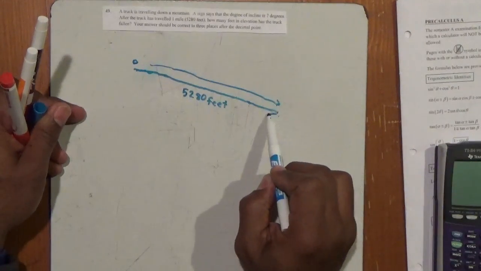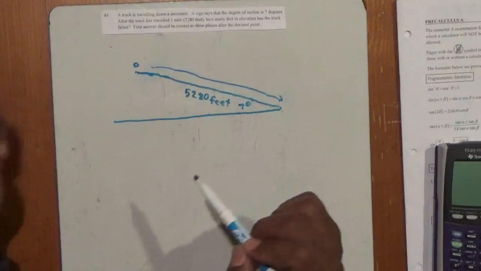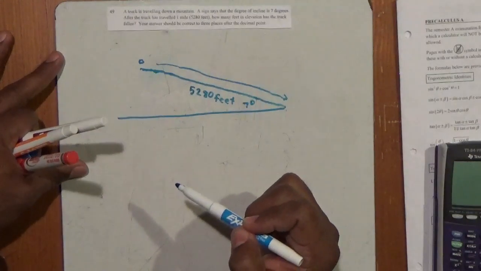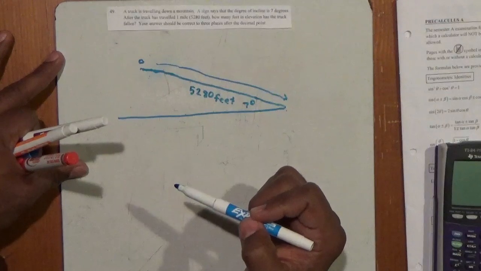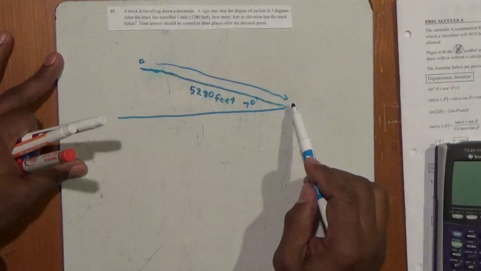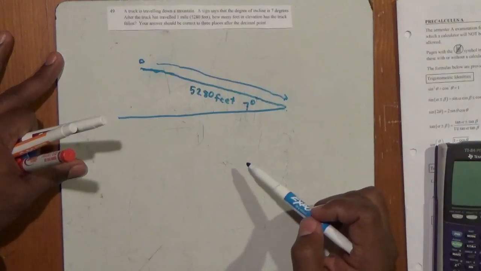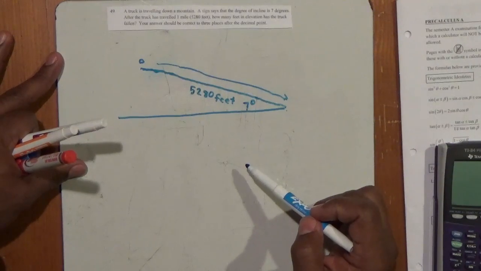This hill is 7 degrees. I'm sorry, the degree of incline. So you can imagine a truck going down a mile, down this 7 degree incline. After the truck has traveled, how many feet in elevation has the truck fallen?